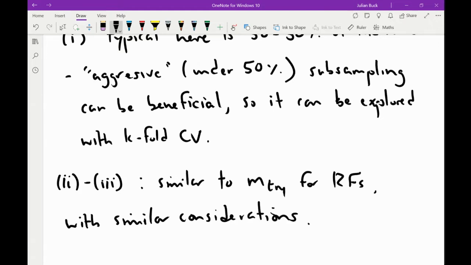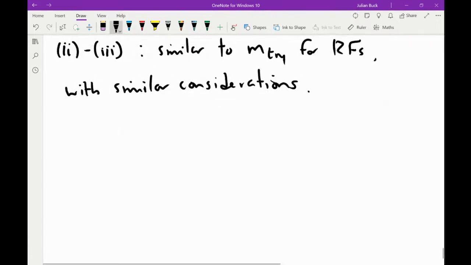In other words, what do I mean by similar considerations? Well, what percentage of the features do you want to sample? There were kind of two considerations. What were those and what were the driving factors?